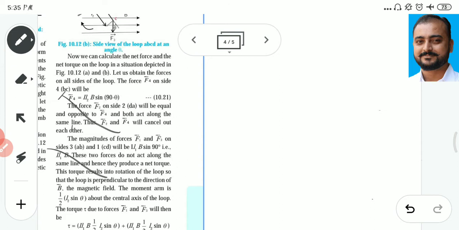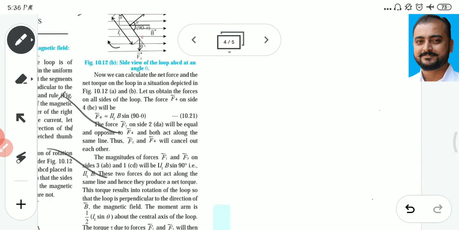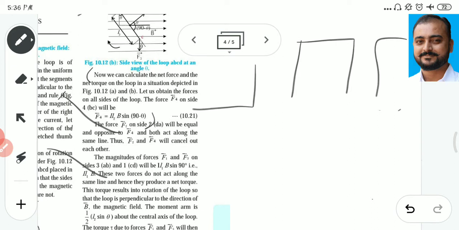Now the second thing, you must avoid writing this also. There is no requirement to write this here. Now what you have to explain, simply: this is the loop, and this is the magnetic field due to the north and south pole, in this direction.